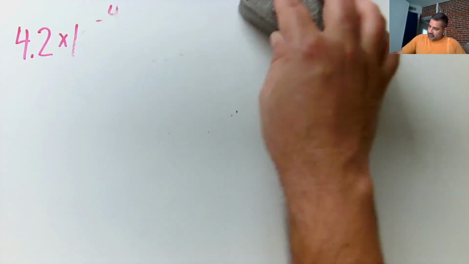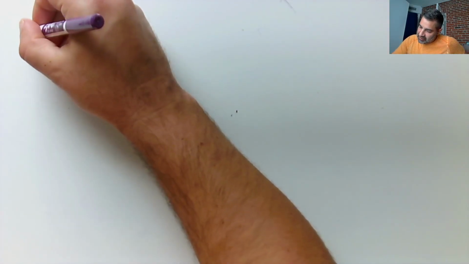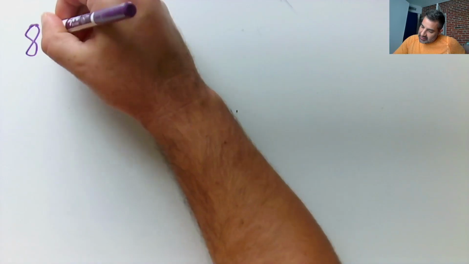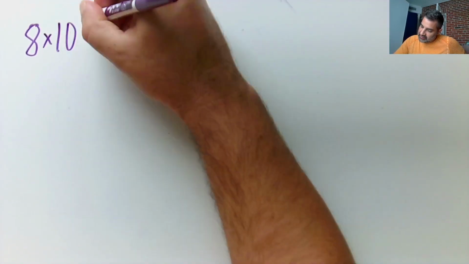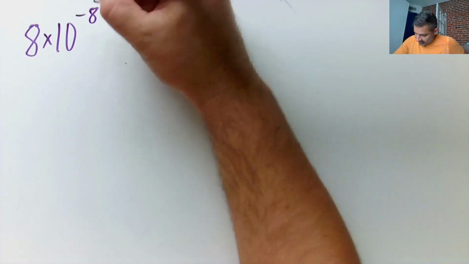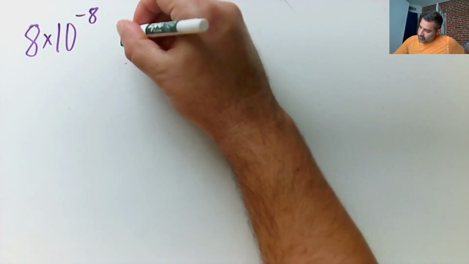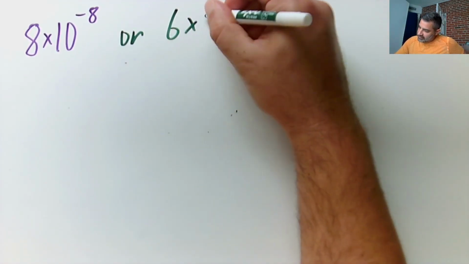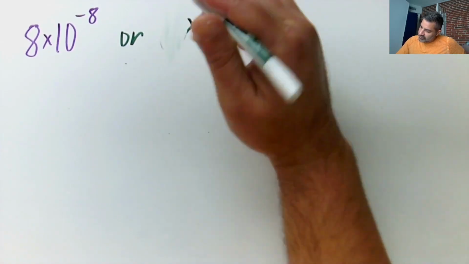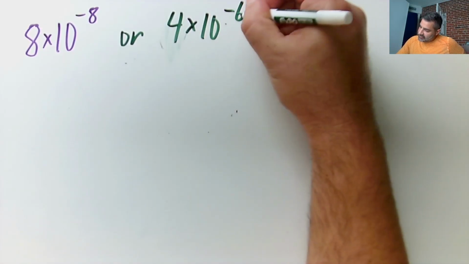Okay. Now let's compare and contrast. Which number is smaller? 8 times 10 to the negative 8, or 4 times 10 to the negative 6.